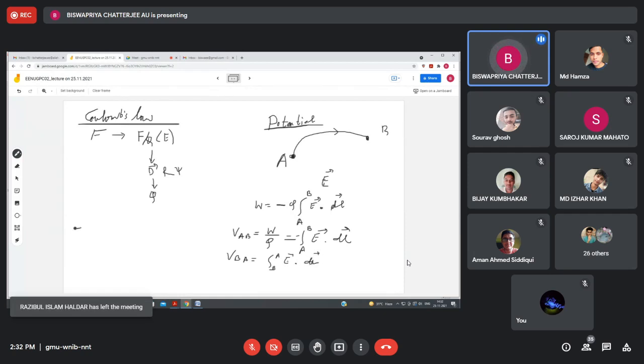So if you add them, VAB plus VBA, it will simply be the closed integral of E dot dl, which is equal to 0.